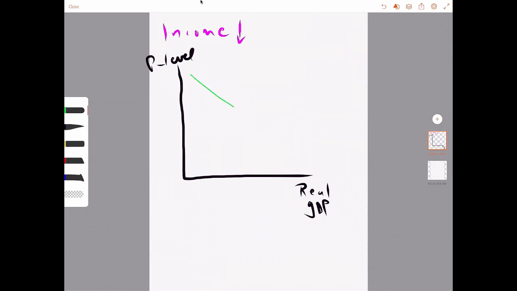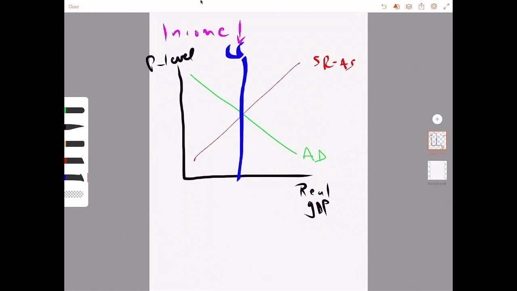So we're going to start off with our aggregate demand curve. Here's our short-run aggregate supply curve. And here is our long-run aggregate supply curve right there. Okay, so we start off at equilibrium here. Here's P star. Here is Y star.